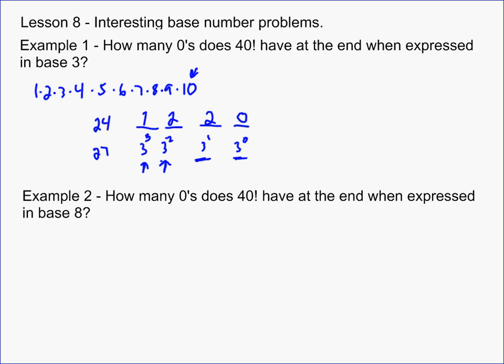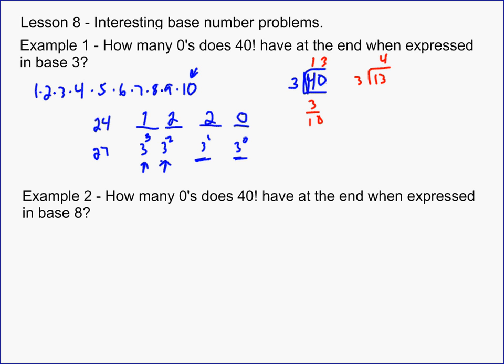So how many 3's go into 40 factorial? Well, the way we do this, we divide by 3. That's going to be 13. There are 13 3's that go into 40. How many 3's go into 13? Well, there are 4.